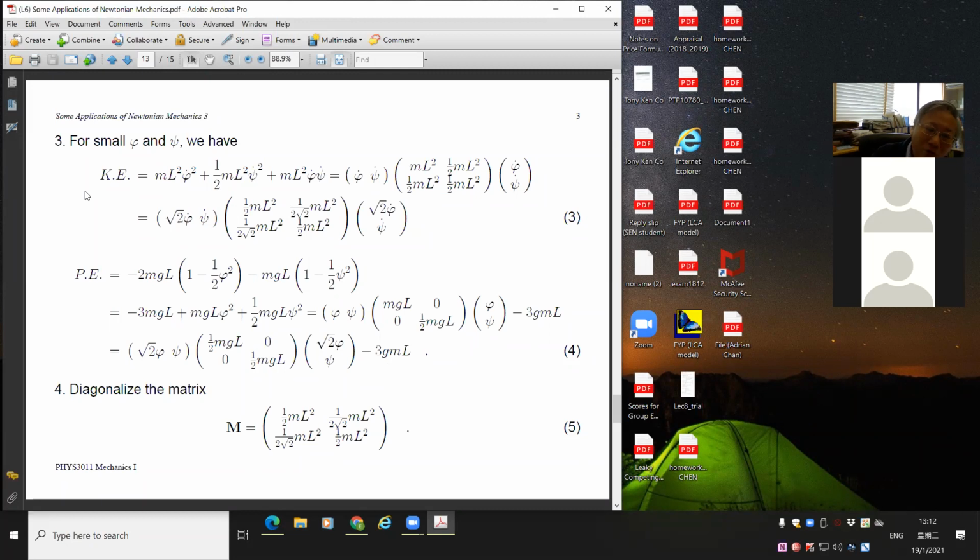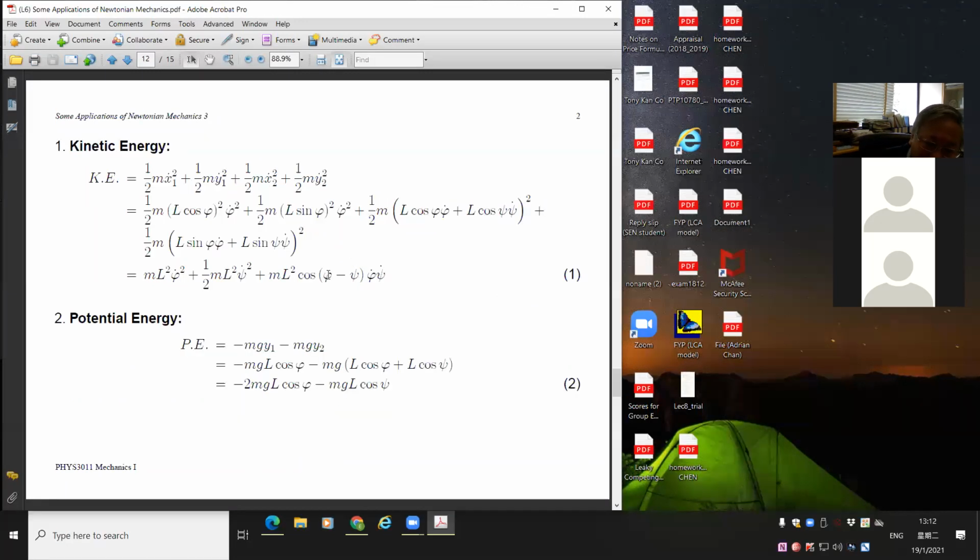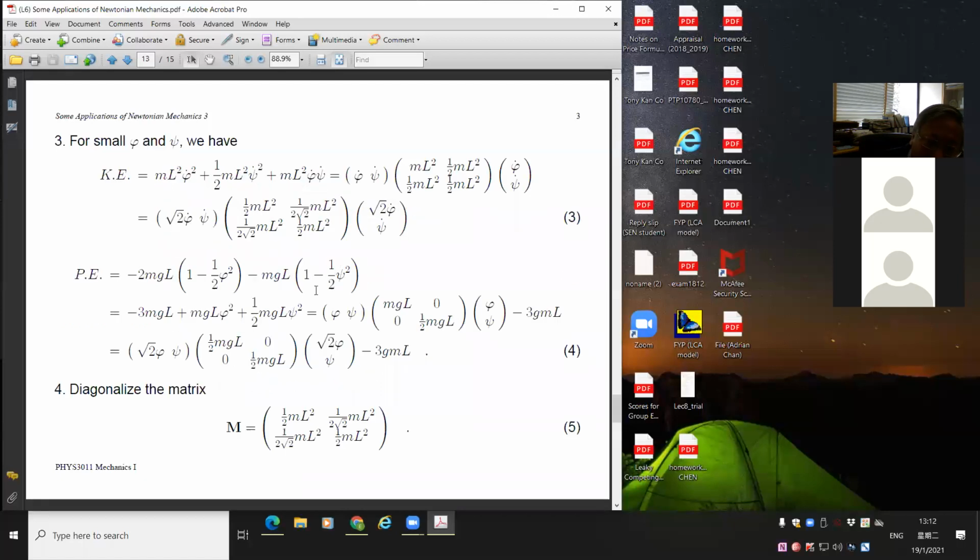So for small phi and small psi, since both of them are small, the difference between them is even smaller in general. So the cosine of this relative angular displacement will be approximated by 1. Okay, so this is the new kinetic energy for small phi and small psi.